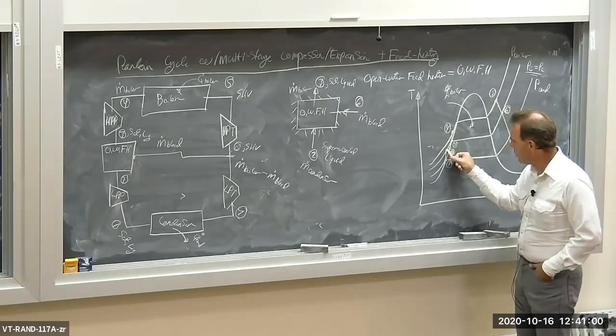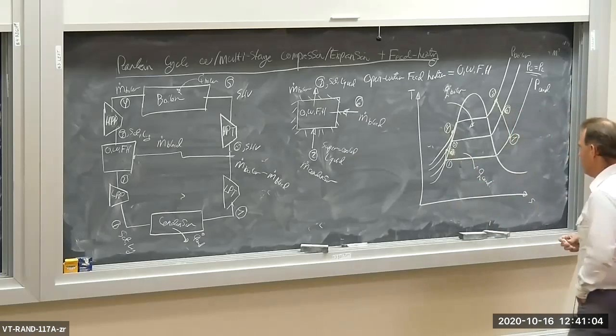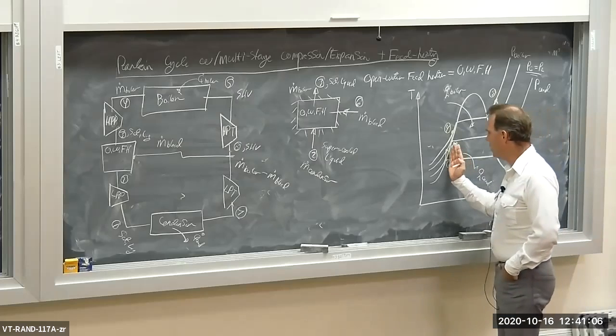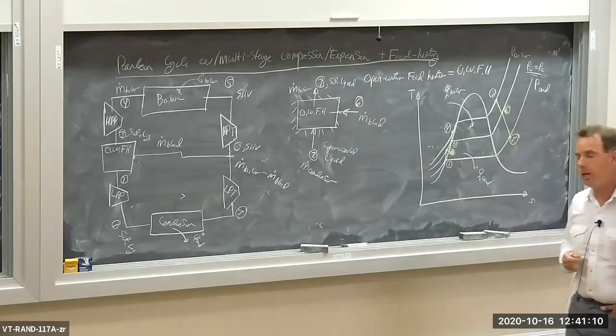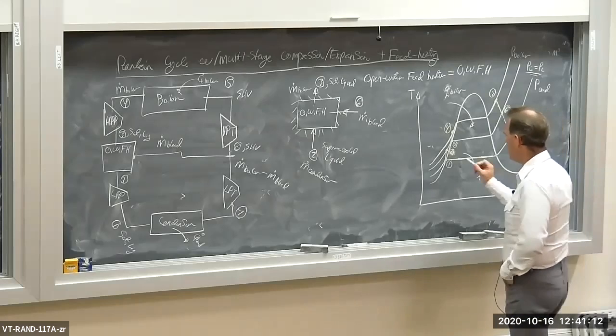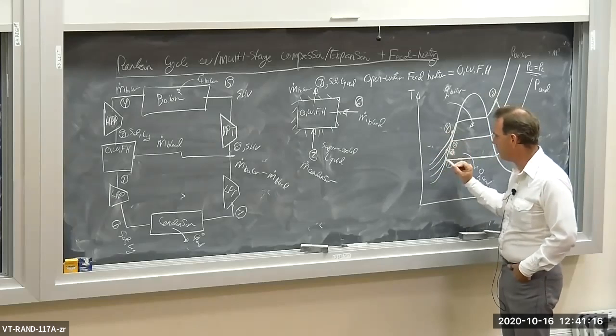So we have compression up to the intermediate pressure at state two. Now, that is going to be some kind of a supercooled liquid. The higher the efficiency of the low pressure pump, the more supercooled this liquid is going to be. So state two is not on the dome, it's away from the dome in the supercooled liquid region.